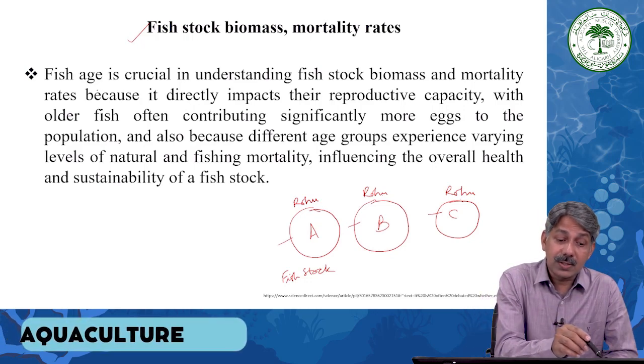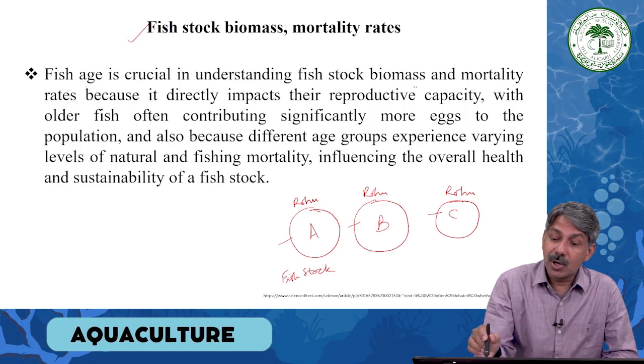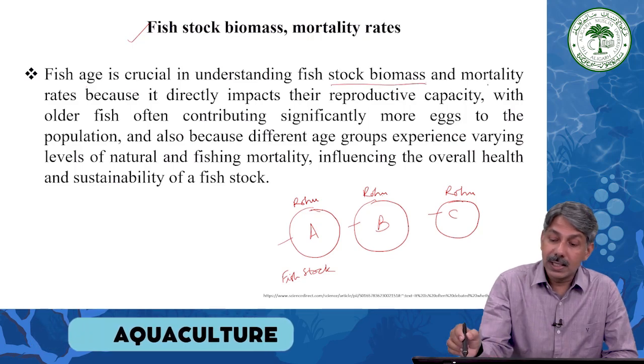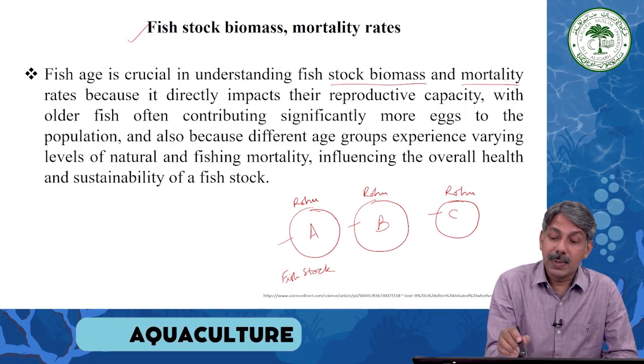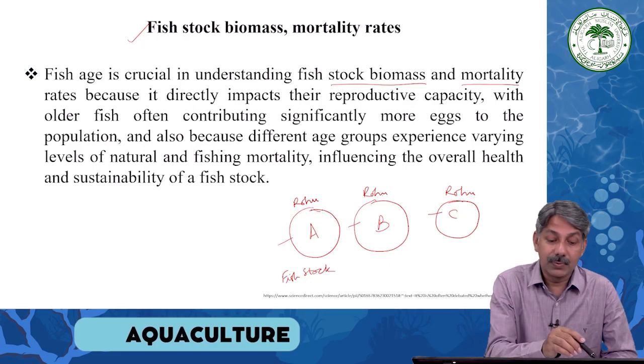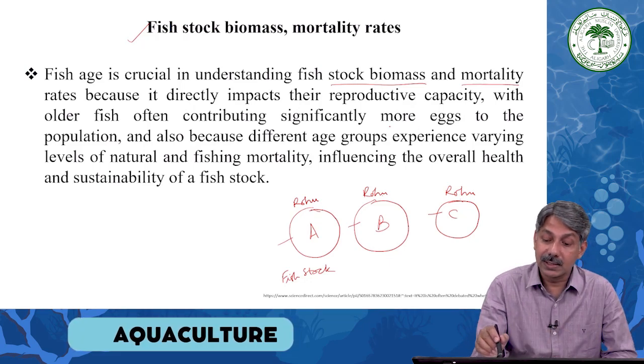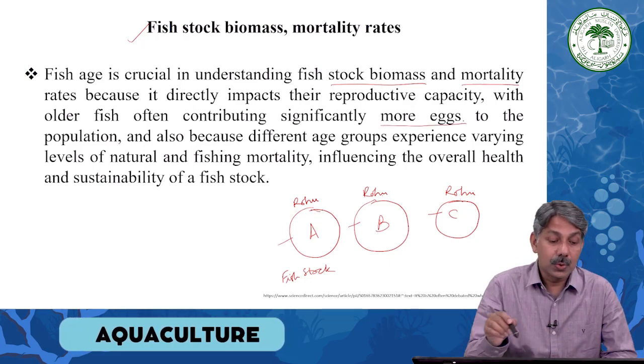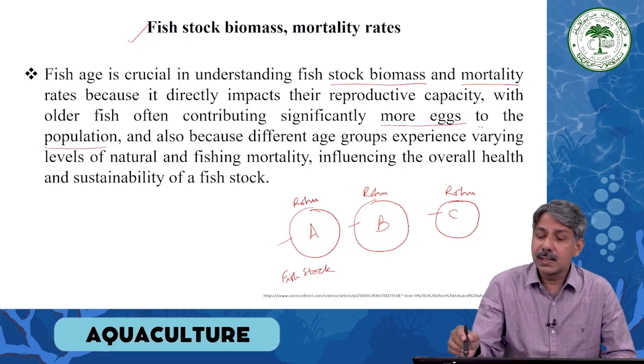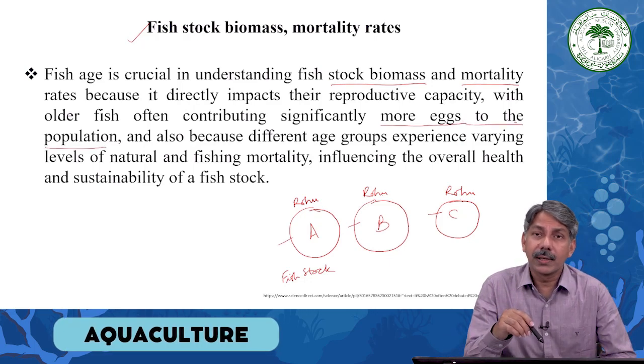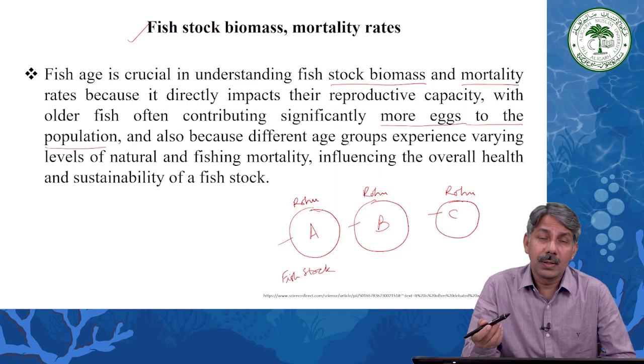So, fish age is crucial in understanding fish stock biomass and mortality rates because it directly impacts their reproductive capacity, with older fish often contributing significantly more eggs to the population. More eggs, meaning the total number of eggs, when we are talking. It's not per kg body weight.